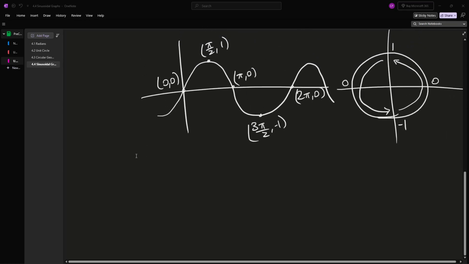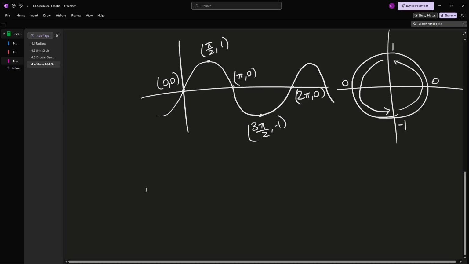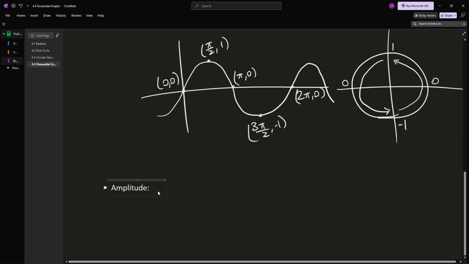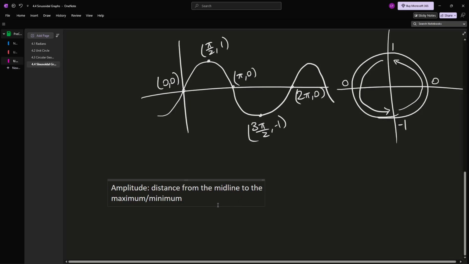But we'll go on to talk about some key features. Some key features that we have are the amplitude. Amplitude is the distance from the midline to the maximum or minimum.